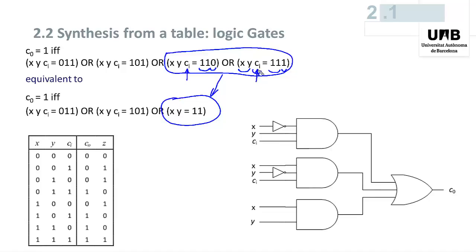Then the corresponding circuit with this new definition of the function C0 is the following. With the same conditions, xyci equal to 0, 1, 1, xyci equal to 1, 0, 1, and in this case, x and y equal to 1, 1.